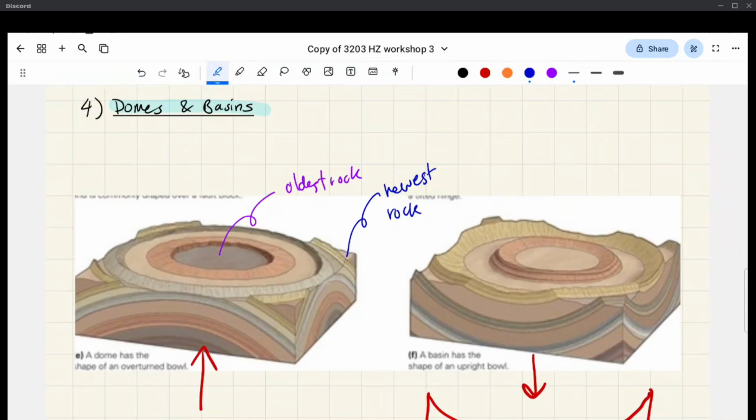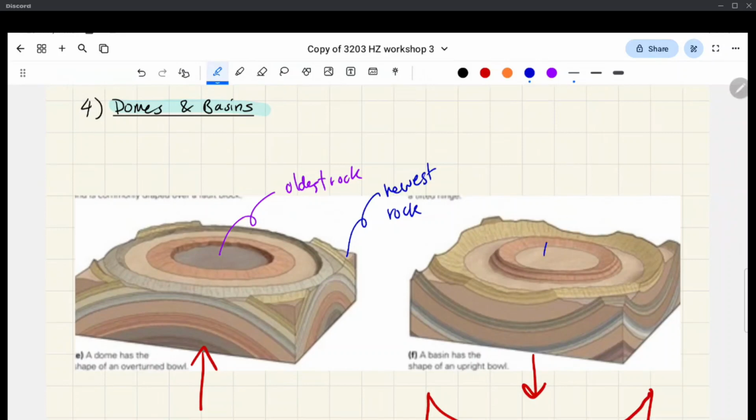Okay, so this is significant because basically, except for this exception, the idea of, I think it's called stratigraphy, is that oldest rock is at the bottom usually, and newest rock is at the top, right? This is kind of the exception to the rule. When you have these domes and basins, you might force the oldest rock to appear in the middle of this dome, for example.